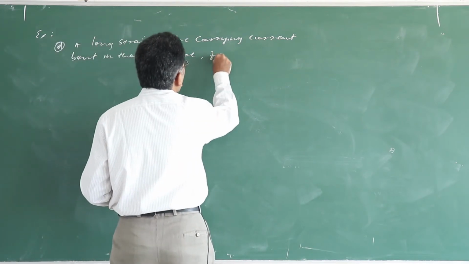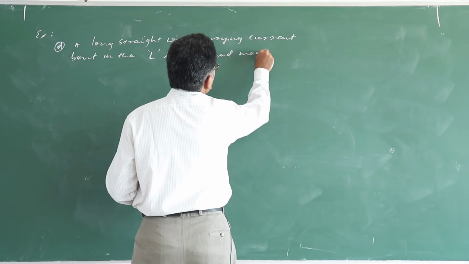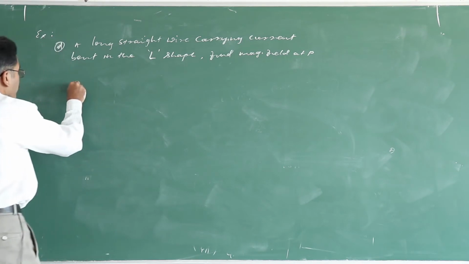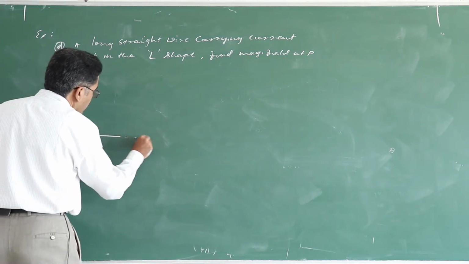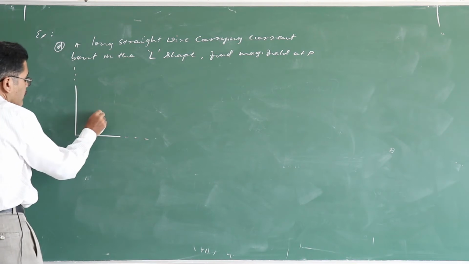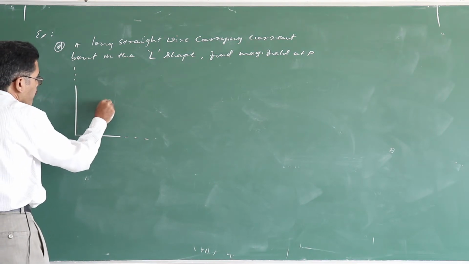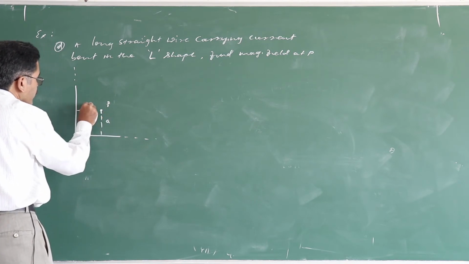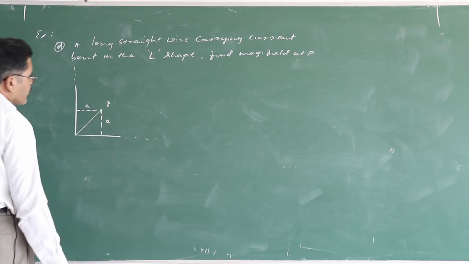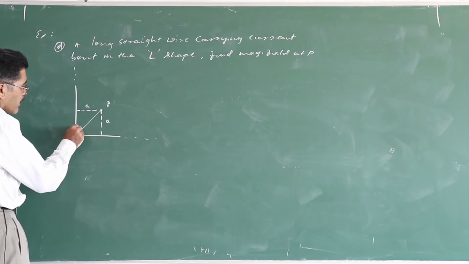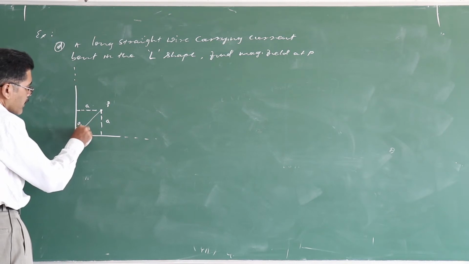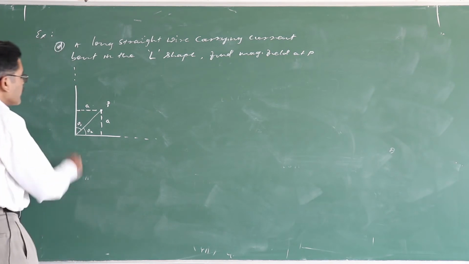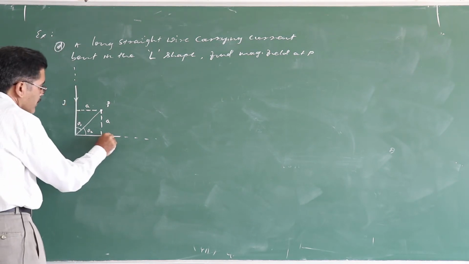Find the magnetic field at P. See here, P is somewhere here. The distance here is taken as A. Okay, what is this angle? Say this is, let me take it as theta 1, this is theta 2. See, the current is flowing here, I, and the same current flows here.